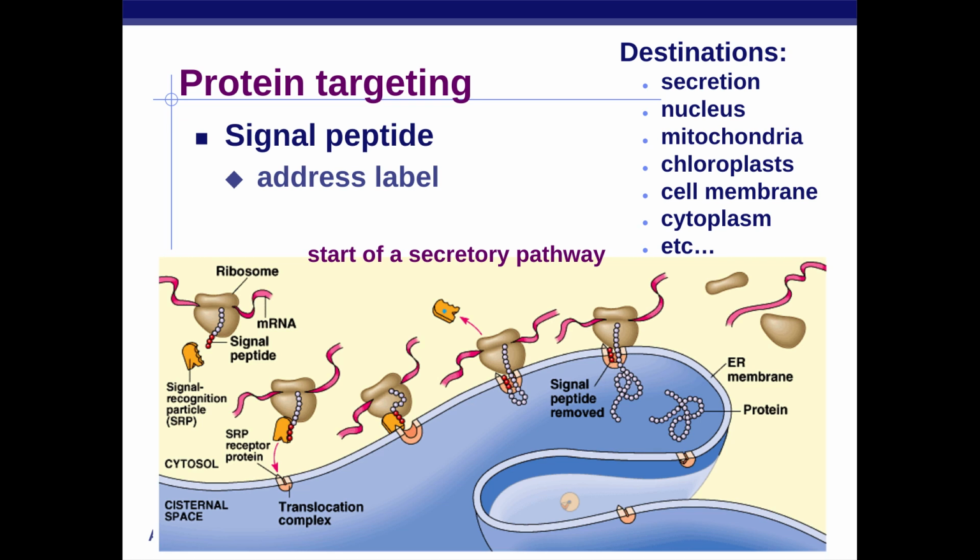So if I make a mistake, for example, if instead of having a sequence of hydrophobic amino acids I replace them with a sequence of hydrophilic amino acids, I'm going to completely mess up the way that secondary, tertiary, and quaternary structures form, which means that the function of the protein is going to be modified.